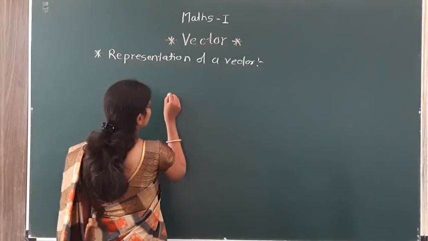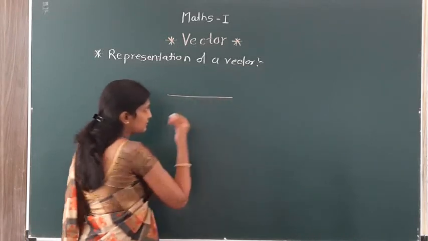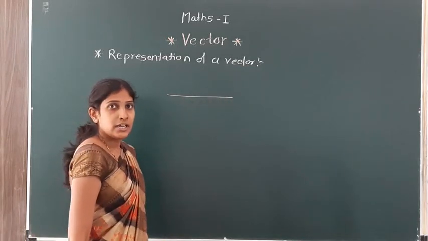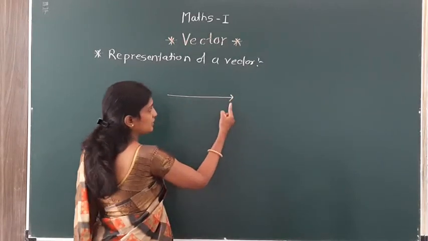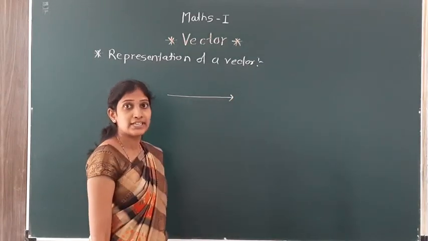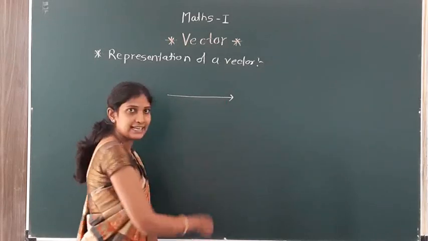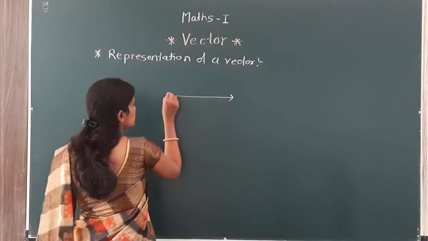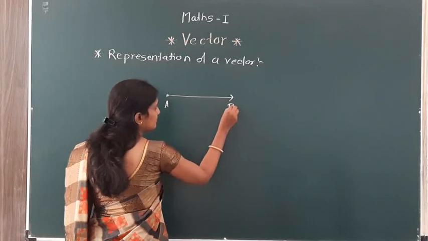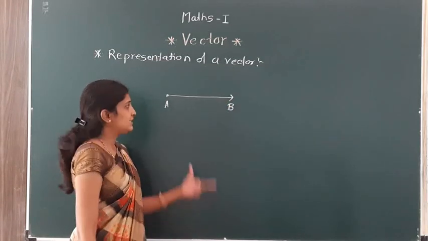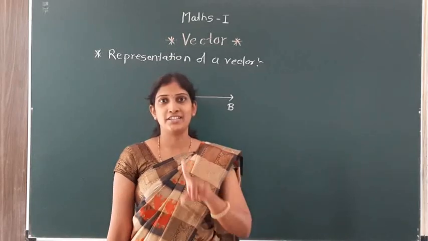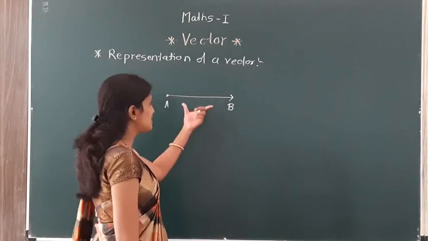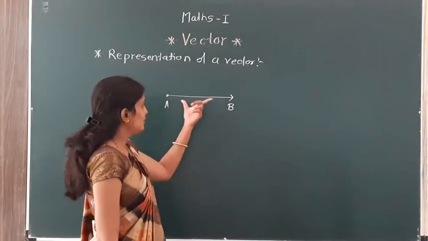Suppose this is a line. If we give direction to that line, then this is a directed line. Suppose this point is A, this is B. This AB is a directed line, called a vector.